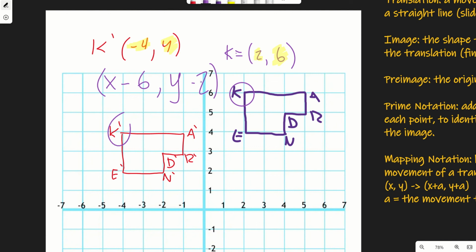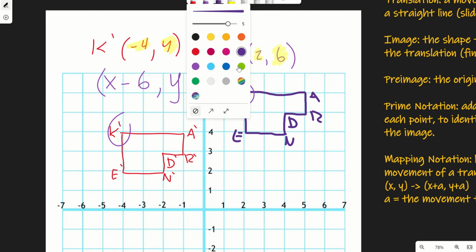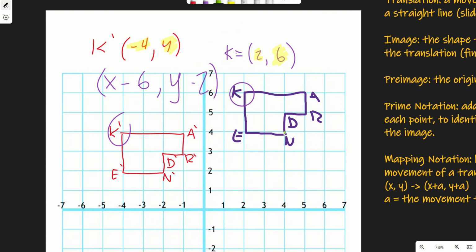From one Y to the other, I'm going to do minus 2. So from N to N, I'm going to go back 1, 2, 3, 4, 5, 6, and then down 1, 2. So I went back 6, down 2.